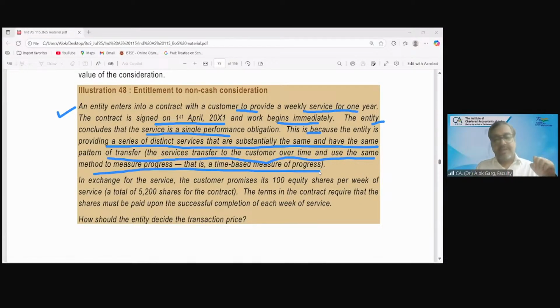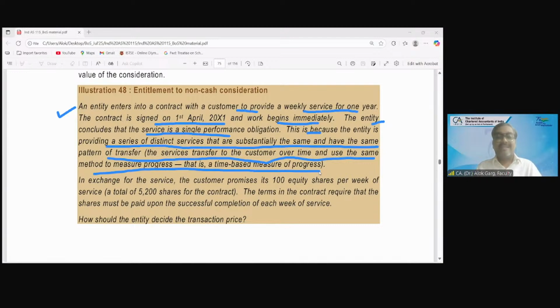Today the maid comes and cleans fantastically. But whatever the impact yesterday, can that impact be corrected today? The answer is no. Means yesterday's cleaning and today's cleaning are distinct services, different and separate services, right?